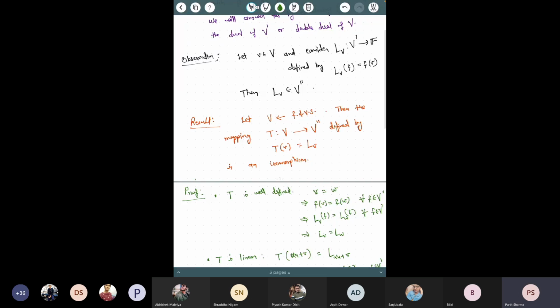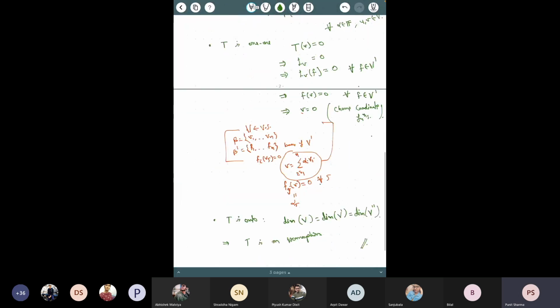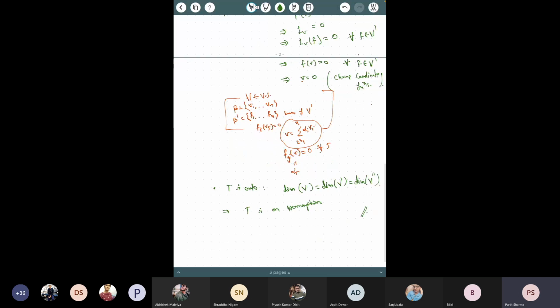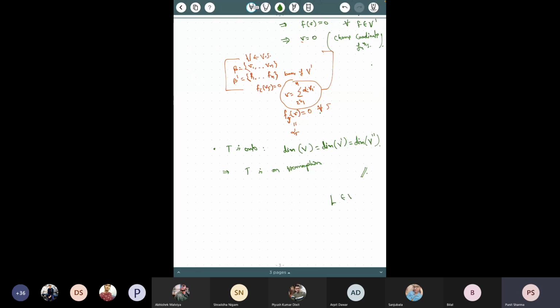if there is an element, let's say L in V double dash, then you can find a vector V in V such that T of V is equal to L. But in order to define this, you are using the fact, not explicitly but inherently, that they have the same dimension, because then only it is true.